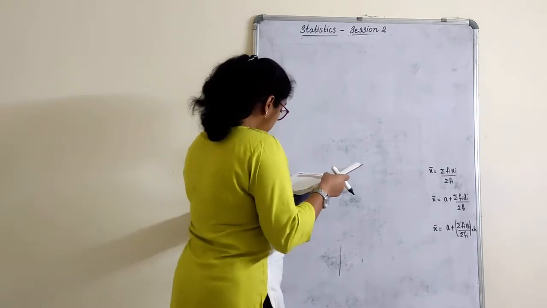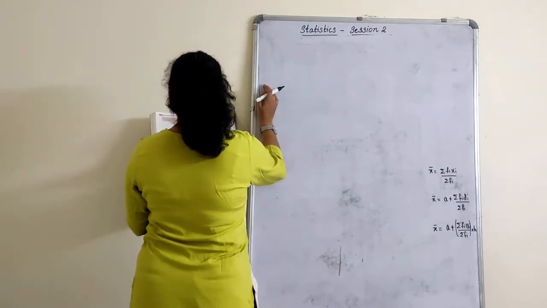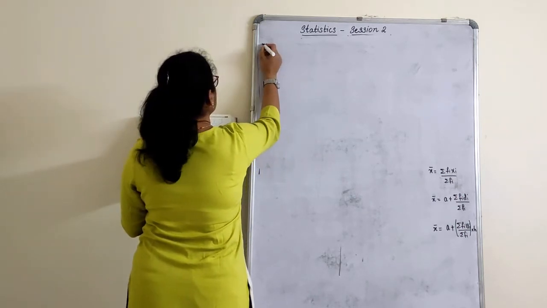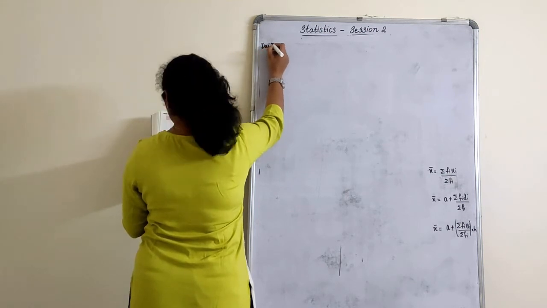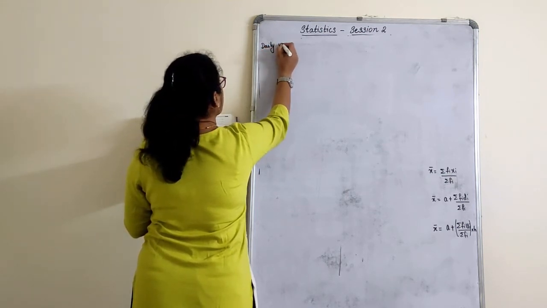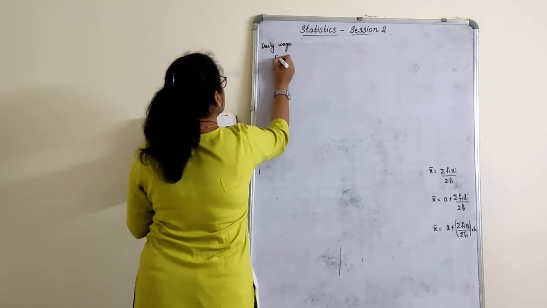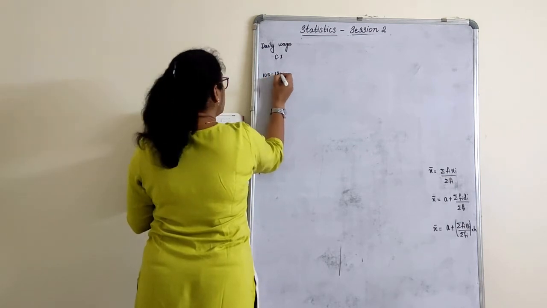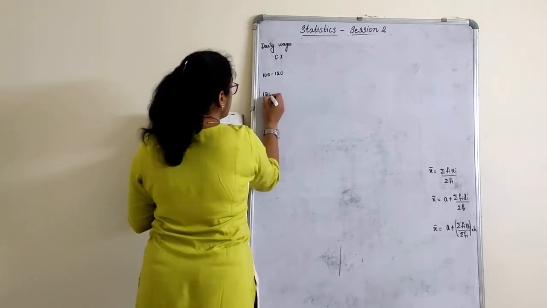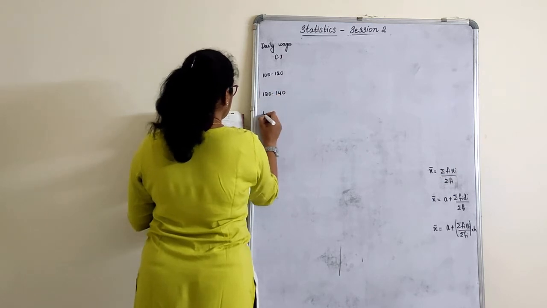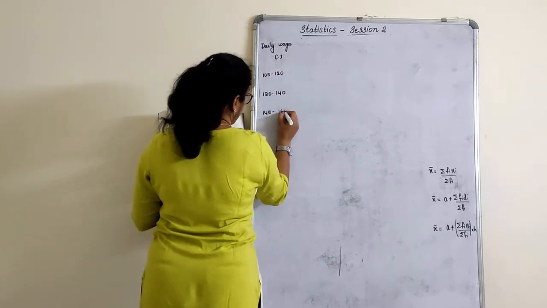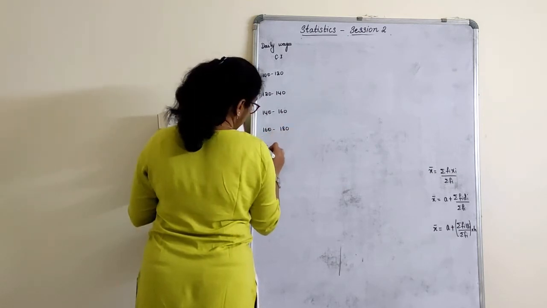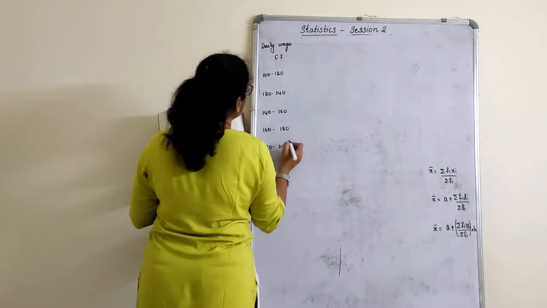Second one. Consider the following distribution table of wages of 50 workers of a factory. Daily wages. This is your class interval: 100 to 120, 120 to 140, 140 to 160, 160 to 180 and 180 to 200.